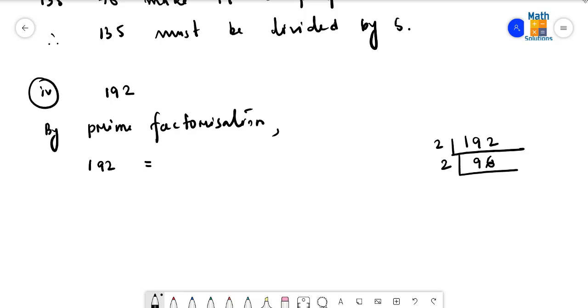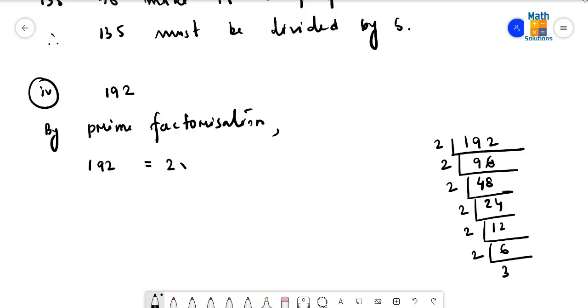Then after by 2 again it is 48. Then by 2 again it is 24. Then again by 2 it's 12. Then again by 2 it is 6. Then again by 2 it is 3.